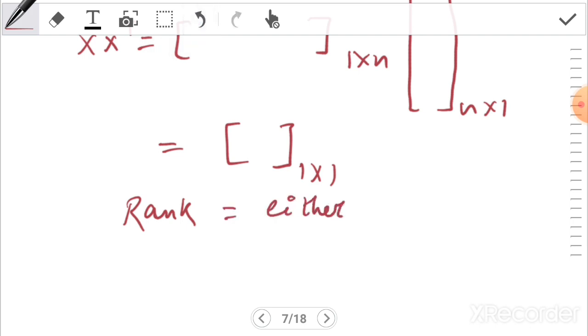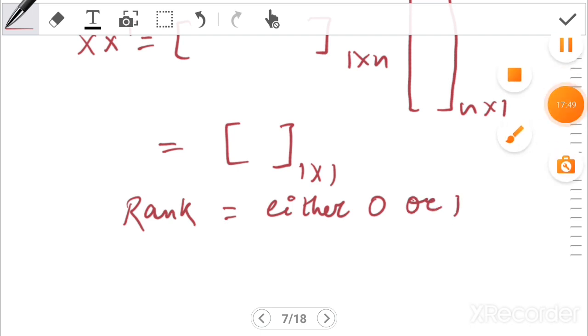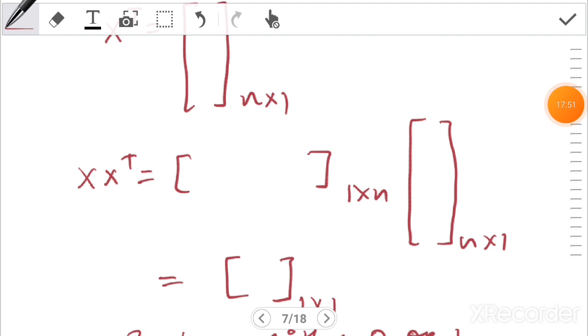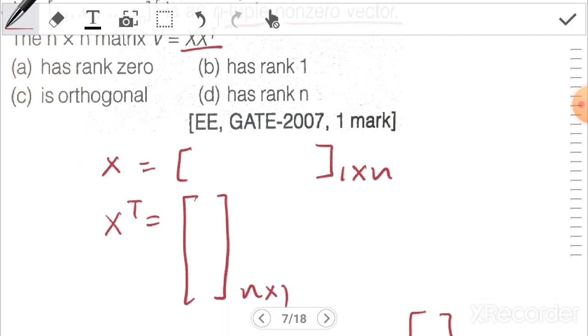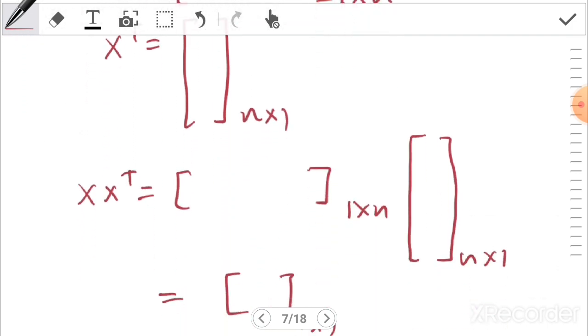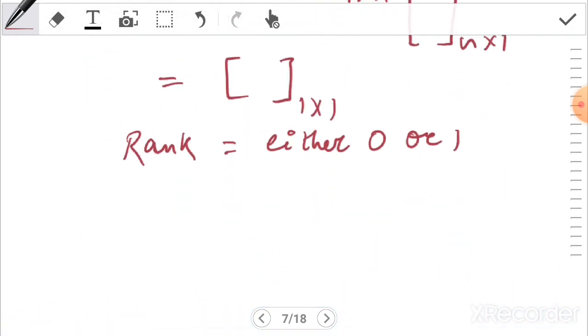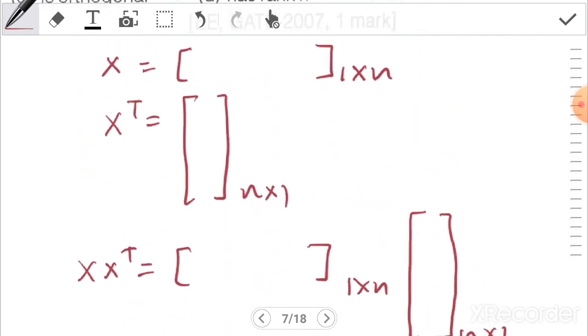Since it is mentioned in the question that X and X transpose are both non-zero vectors, neither of their ranks can be 0. So X into X transpose has rank 1. The answer is B.